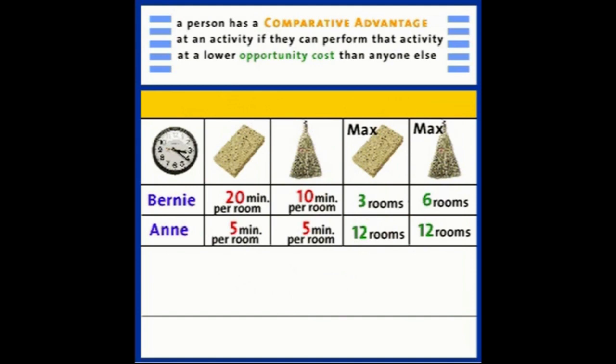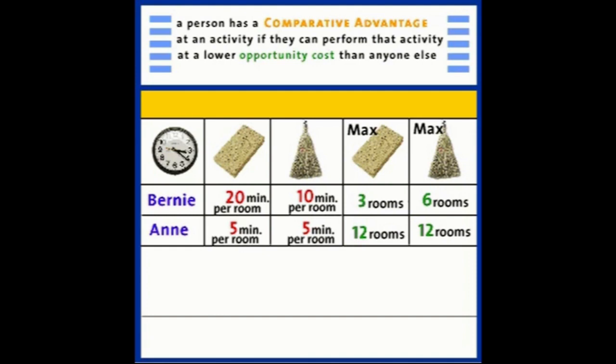We can now take this information and look at Anne's production possibilities schedule. With 1 hour's worth of time, if Anne wants to divide her time between sweeping and scrubbing, what possible combinations of output can she get? Well, let's have a look. Here's a table then that represents Anne's possible output, sweeping and scrubbing. If Anne spends all of her time scrubbing, she can scrub 12 rooms. That means she does no sweeping.